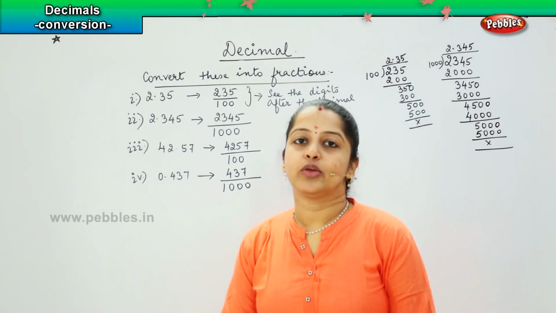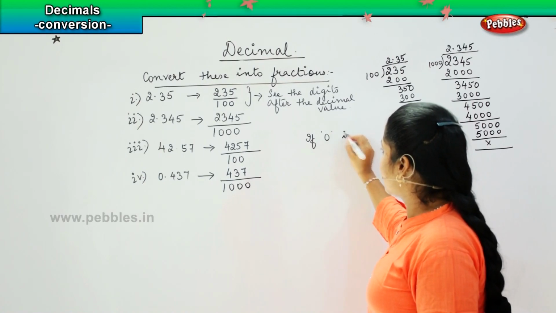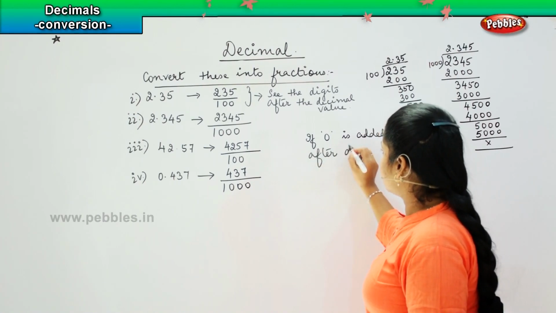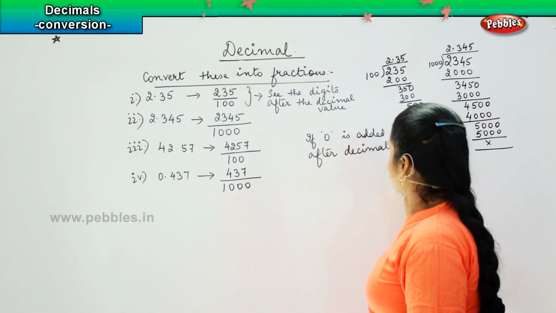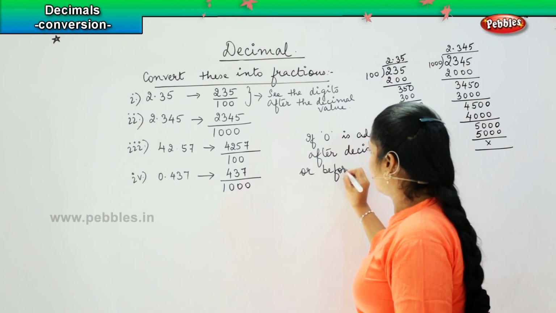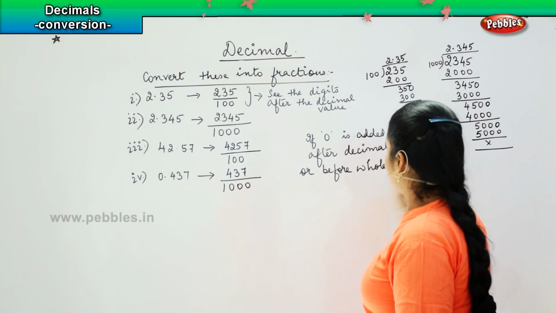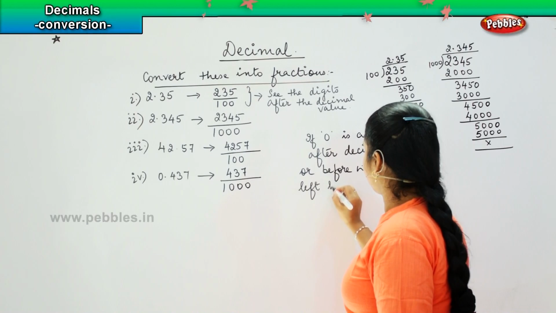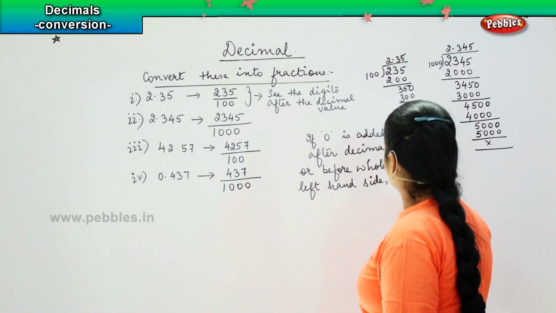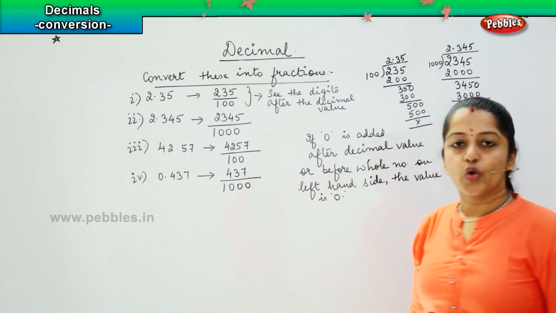Now one more thing which you have to keep in mind is that if a 0 is added after the decimal value, or before the whole number on the left hand side, the value is 0. Okay. So what do I mean by this concept?